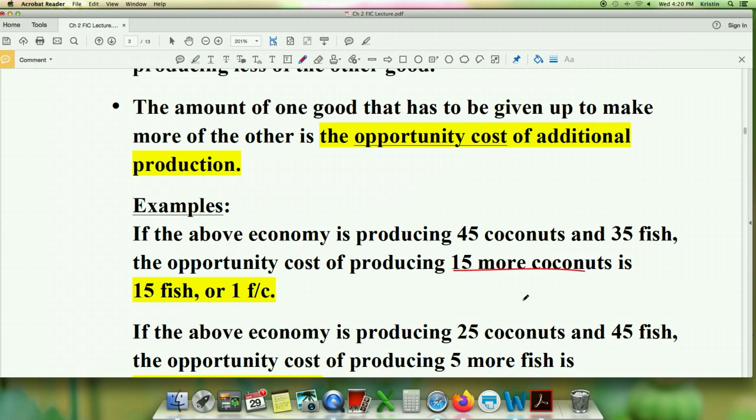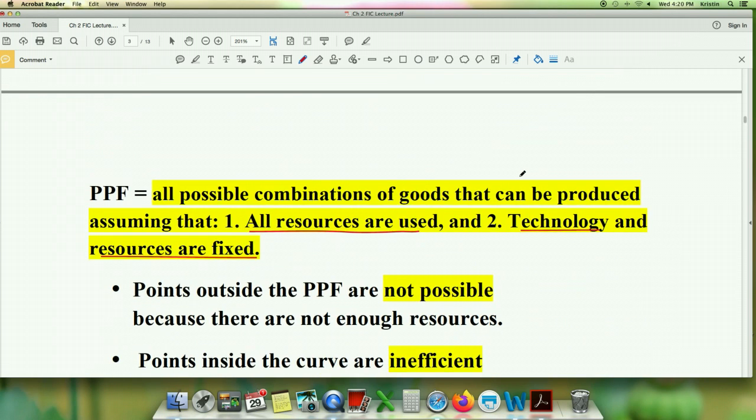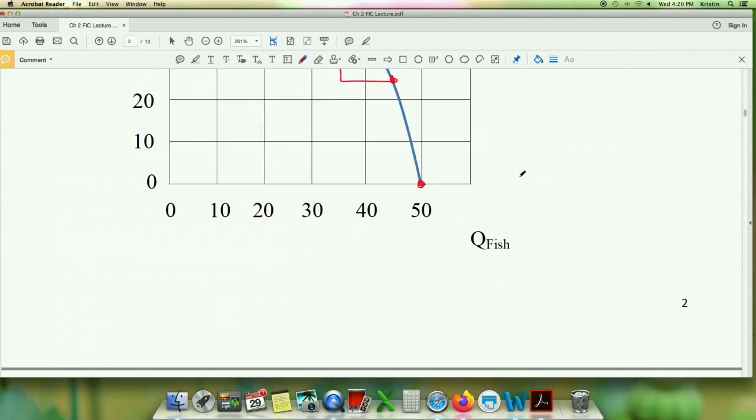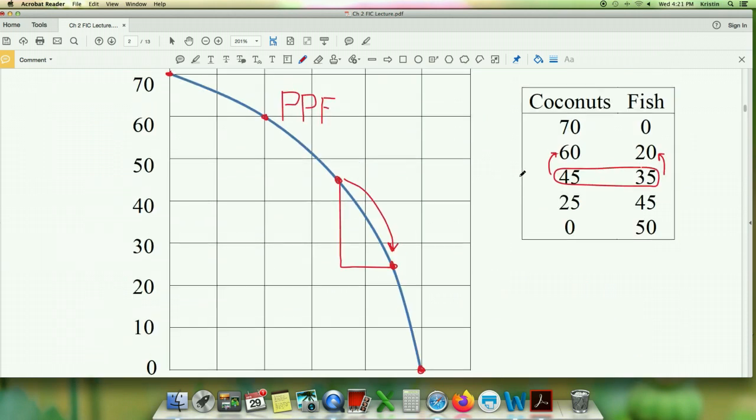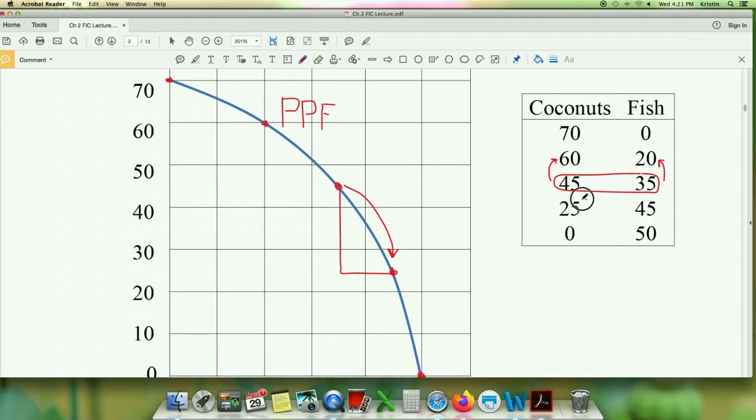Okay, for the 15 coconuts, the cost is 15 fish or 1 fish per coconut. Okay, one more example. If the economy is producing 25 coconuts and 45 fish, the opportunity cost of 5 more fish is. Okay, so let's go back to the table. Okay, so now they are at this point. They're starting at this point and they want to produce 5 more fish.